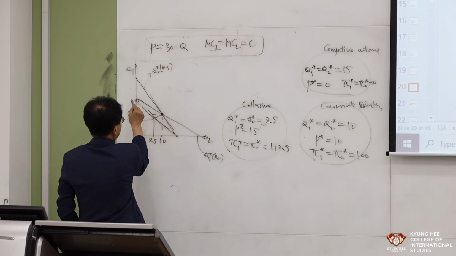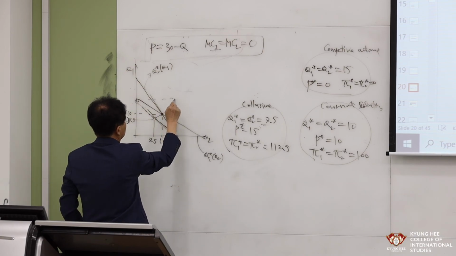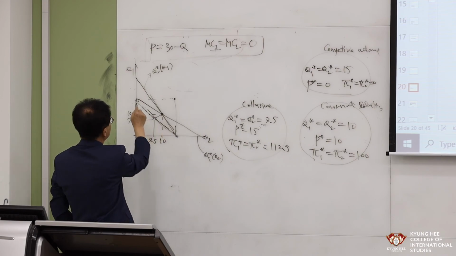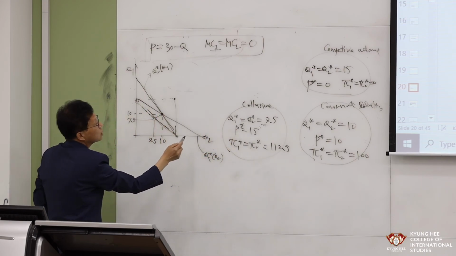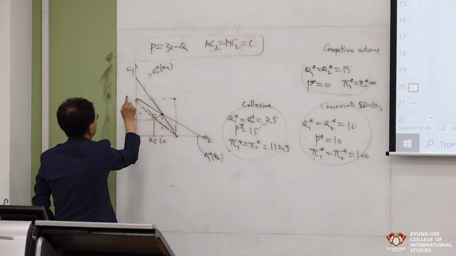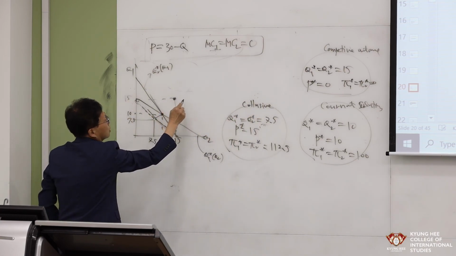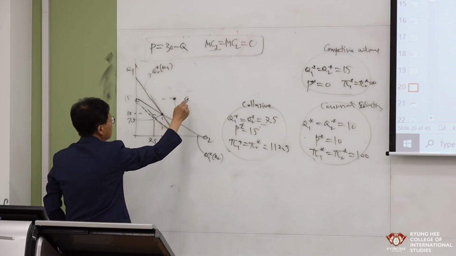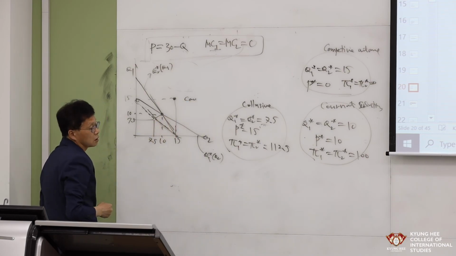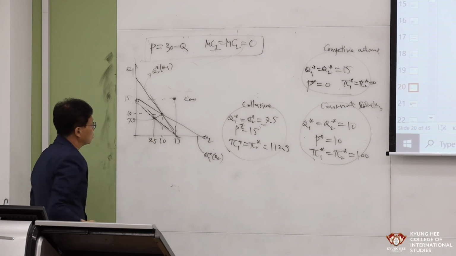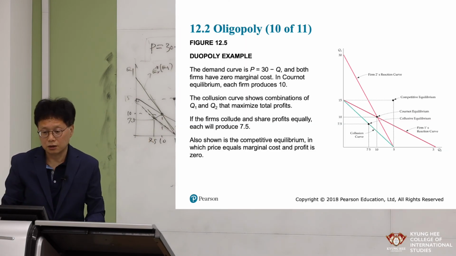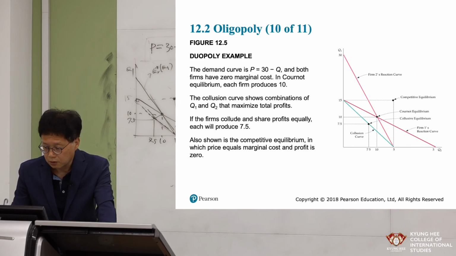That is this one, right? Firm 1 and firm 2's production is this one, 15, 15. That is the competitive outcome, right? That is the Cournot outcome. That is the collusive outcome. Can you understand? That is figure 12.5. Okay, I'd like to stop here.